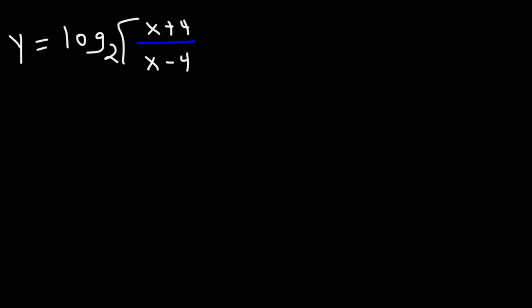Let's work on one more example. Let's say that y is equal to log base 2 of x plus 4 over x minus 4. Go ahead and try this one.